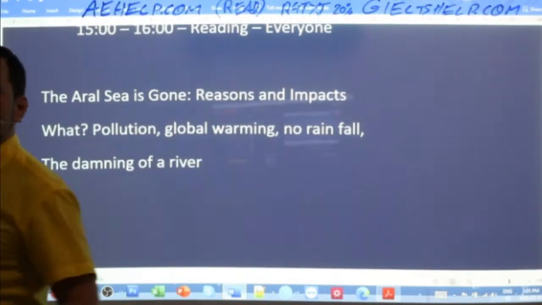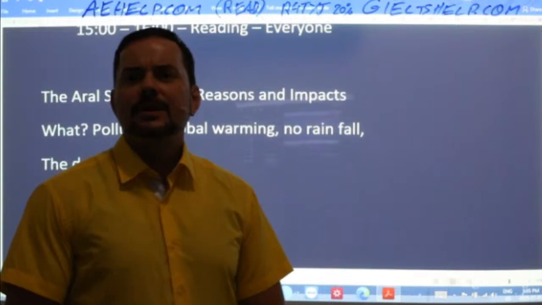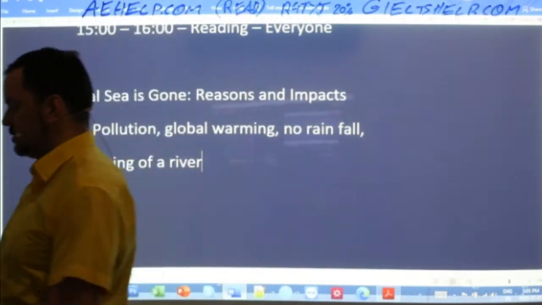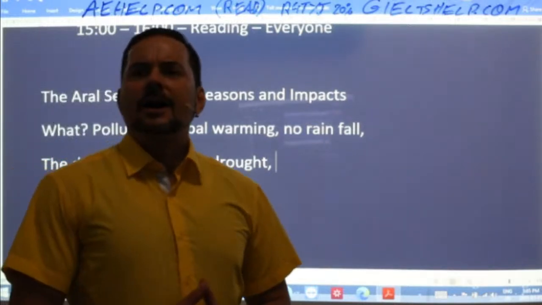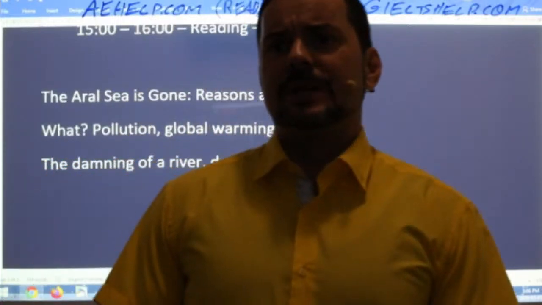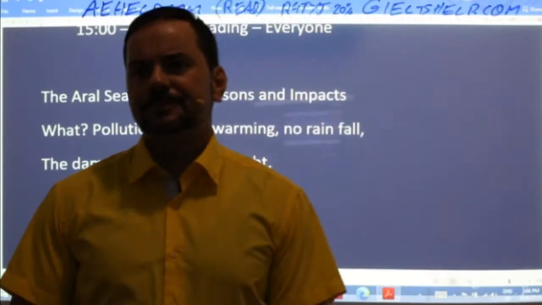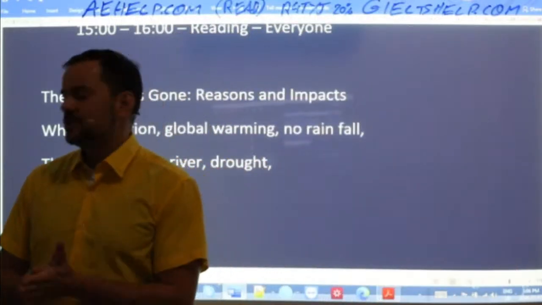So when you dam a river, it means you block it. Nazir says drought, so it dries up. Very nice, nice vocabulary. Drought means no rainfall, sure. There could be some other reasons.